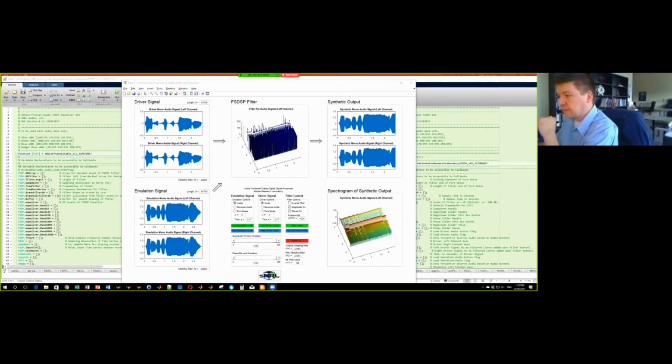And that signal was created entirely from this other sound. I don't know if you could hear, but one of them sounds a little bit out of tune, and the other one is more in tune. So what this does is it shaped the signal here as the driver back into the original signal.